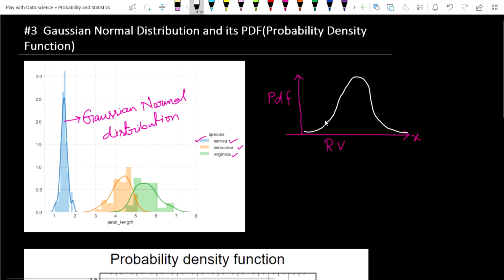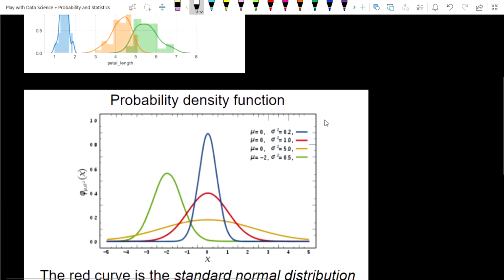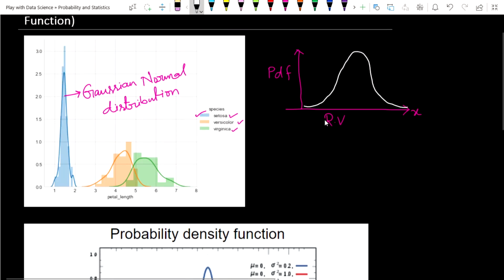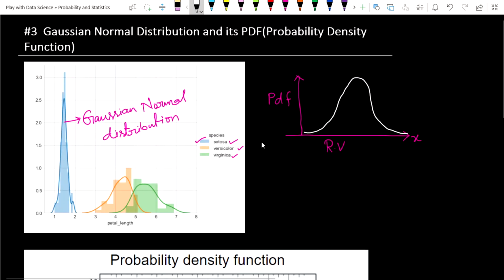This is the PDF of the Gaussian distribution. In the iris dataset, our data is discrete, but we have taken its estimations to plot the continuous curve. So the Gaussian distribution is applicable when our x is a continuous random variable.